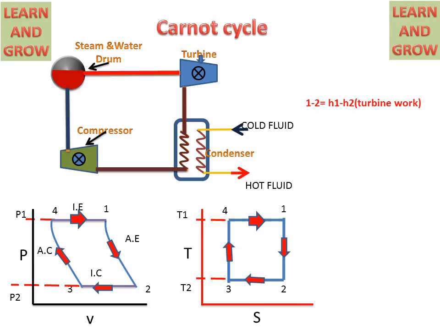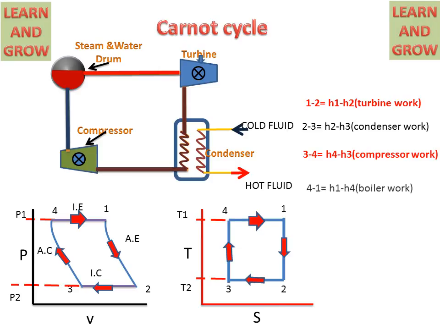Now, the 1-2 process is the turbine working process, meaning H1 minus H2. 2 to 3 process is H2 minus H3, the condenser work process. 3 to 4 is H4 minus H3, the compressor work process, and 4 to 1 is H1 minus H4, the boiler work process.